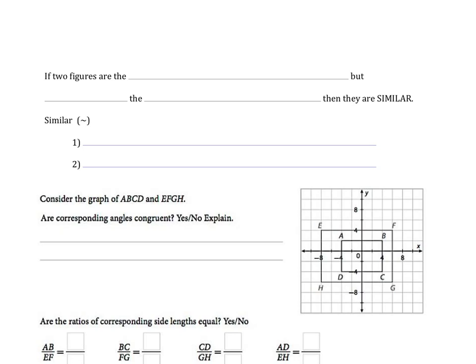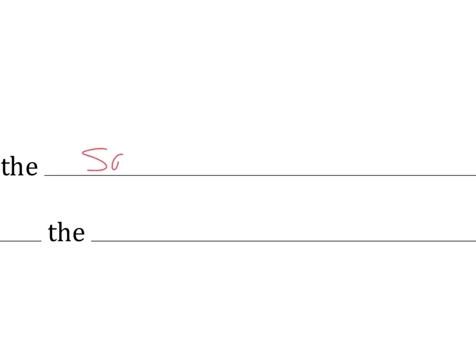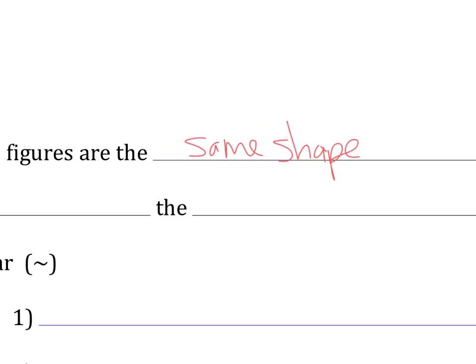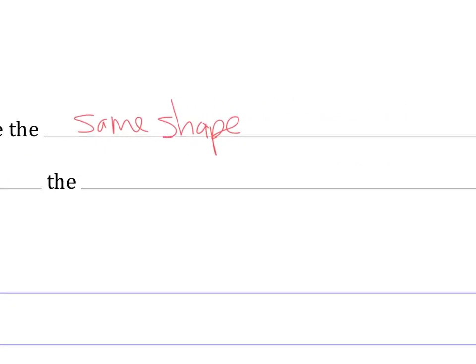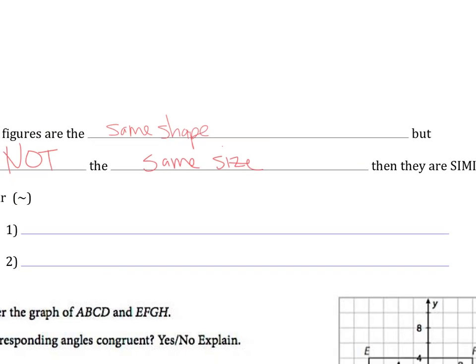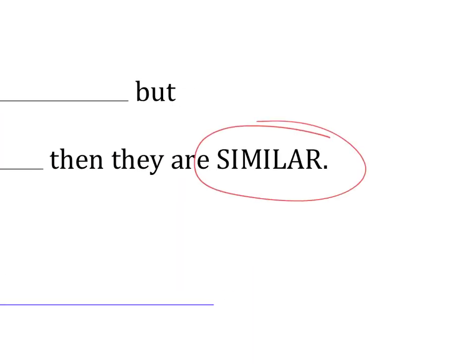So if two figures are the same shape but are not the same size, so they look the same but one's bigger than the other one, then we call them similar.